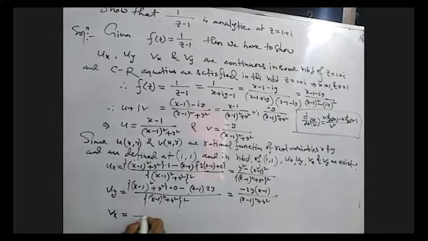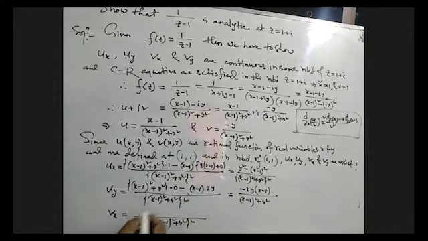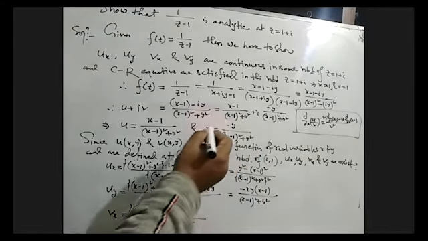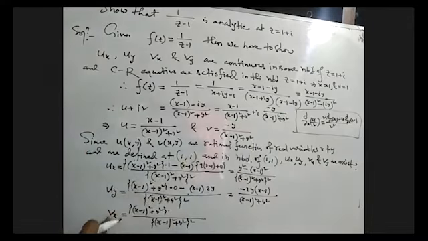So same formula: (x minus 1) whole square plus y square, whole square. b into ∂u/∂x, where u means what? ∂u/∂x is 0 because it is with respect to x.